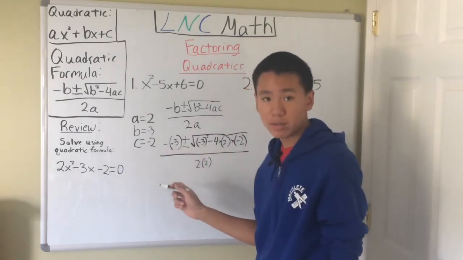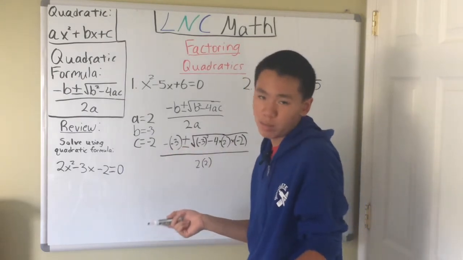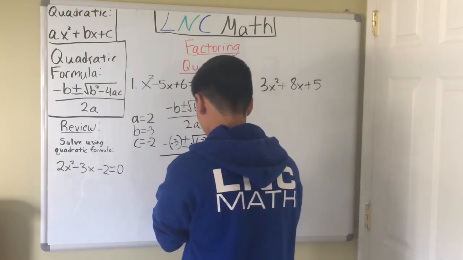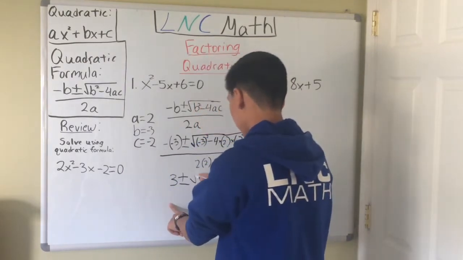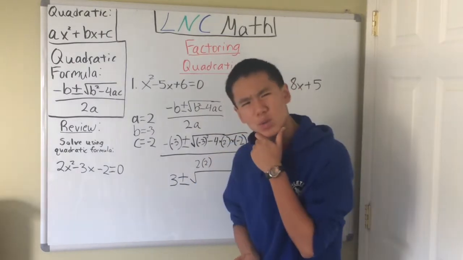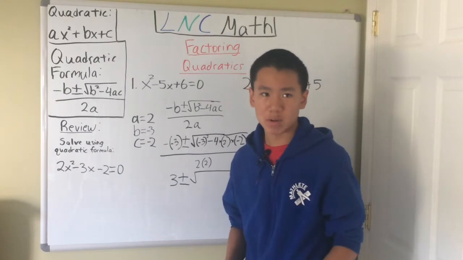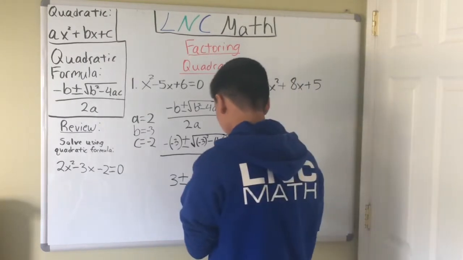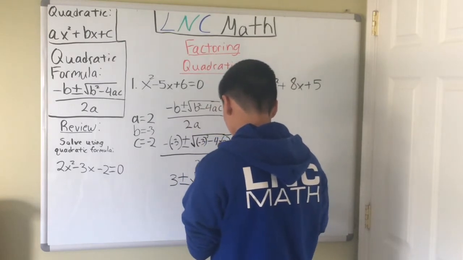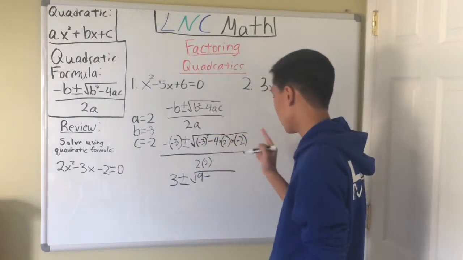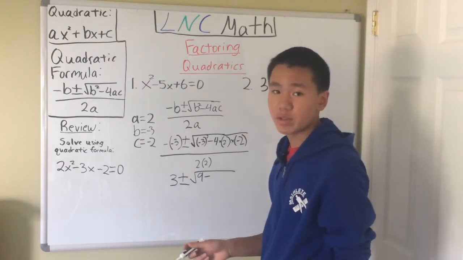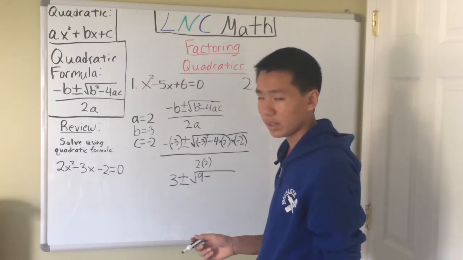So now we can simplify it further. Negative times a negative. So a negative 3 is pretty much a positive 3. So positive 3 plus or minus the square root of negative 3 squared. So negative 3 squared means negative 3 times negative 3, which is a positive 9. So 9 minus, what is 4 times 2 times negative 2? Well, 4 times 2 is 8, and 8 times negative 2 is negative 16.